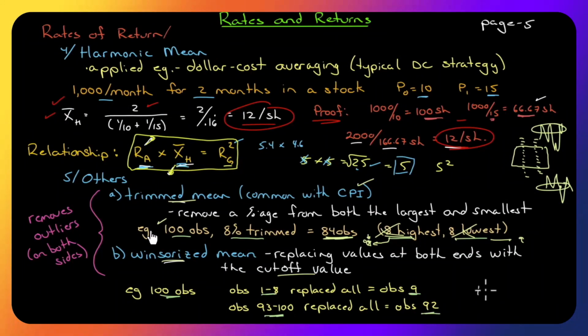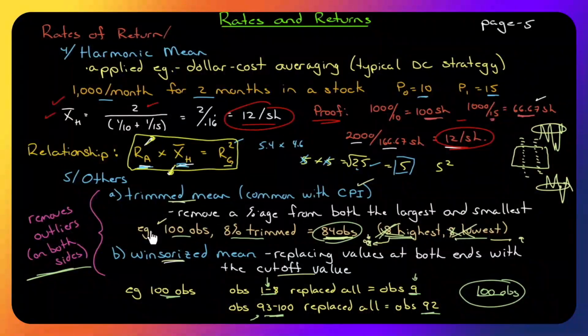So in the end, we have 100 observations. We don't have 84, we have 100, and we haven't just eliminated these and reduced our sample. We've left our sample the same, we've just replaced, not eliminated. We've replaced all with the same value, which does the same thing: it removes outliers on both sides.